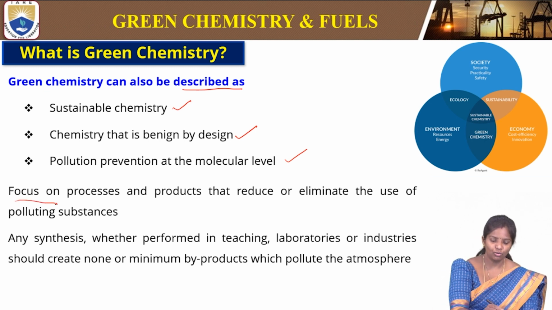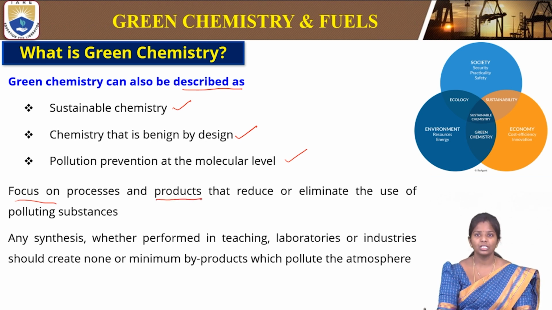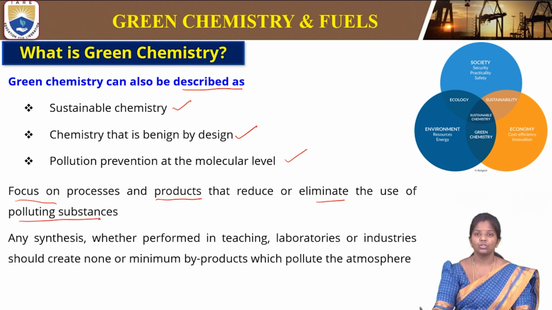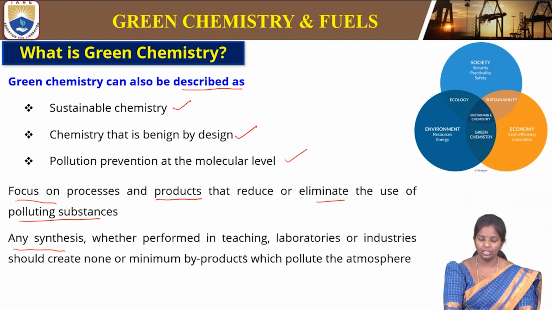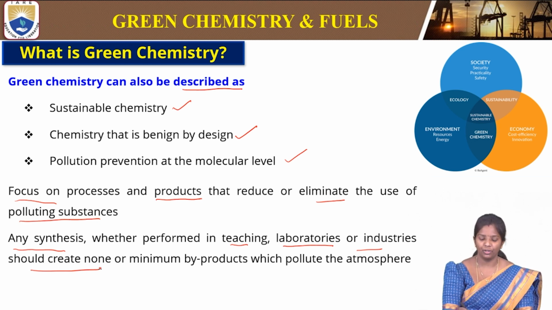So, this actually focuses on the processes and products that reduce or eliminate the use of polluting substances. So, using the polluting substances or the byproduct that is coming out during the process has to be reduced or eliminated so that it prevents pollution. And any synthesis, whether performed in teaching laboratories or industries, should create none or minimum byproducts.